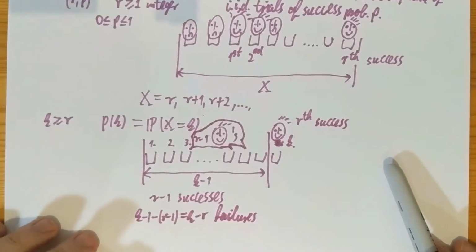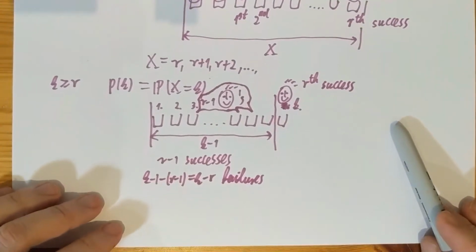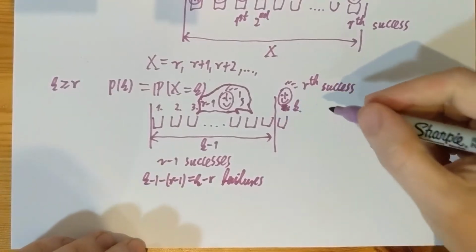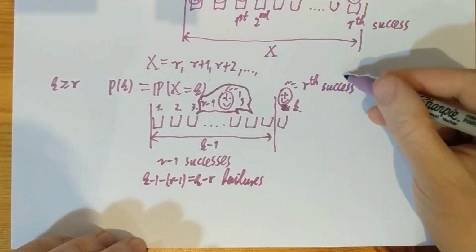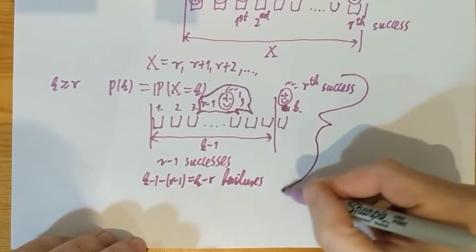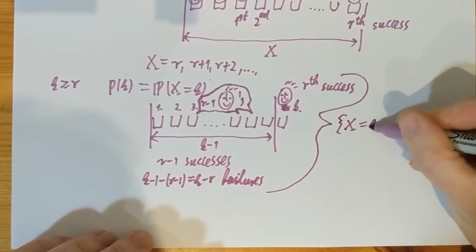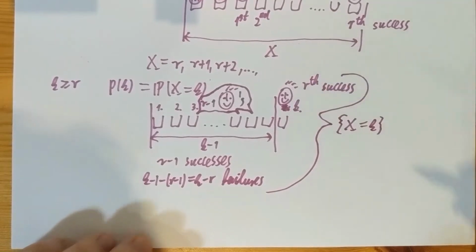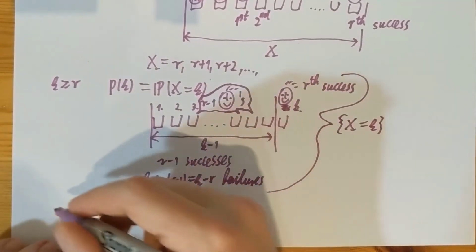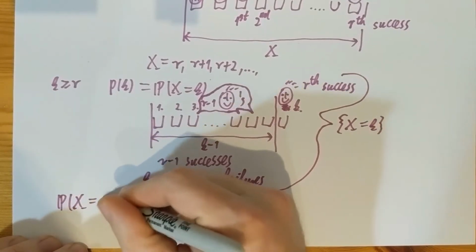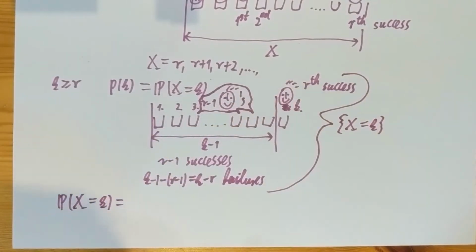Okay? Now, what is the probability of seeing all this configuration? So this whole event, which I tried to illustrate here, is the event that X equals K, so the R success comes on the K'th trial. So again, what is the probability that X is equal to K?